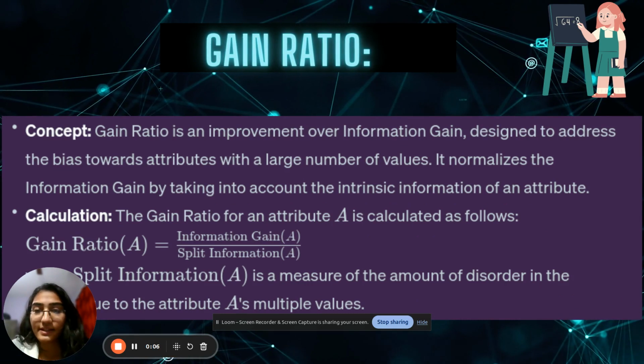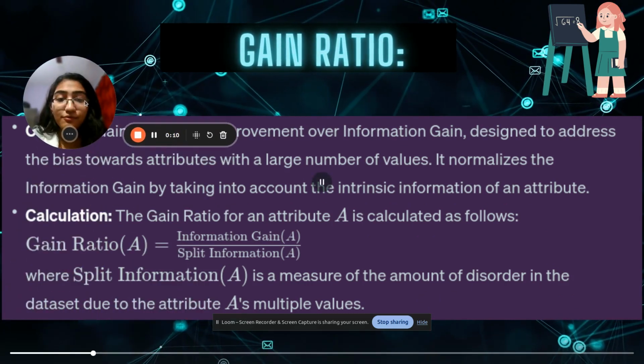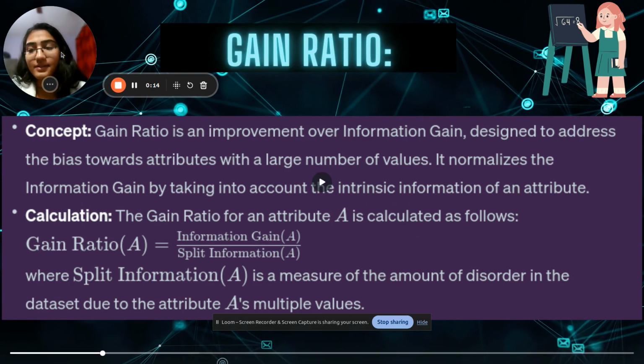Next is obviously gain ratio. The gain ratio is an improvement over information gain, which is designed to address the bias towards the attribute with a large number of values. It normalizes the information gain by taking into account the intrinsic information of an attribute.